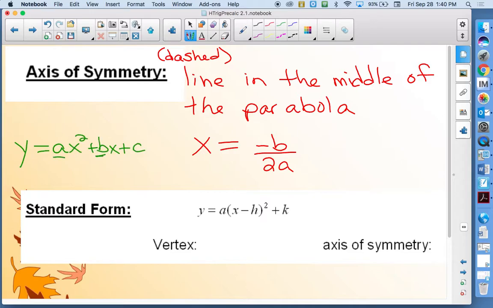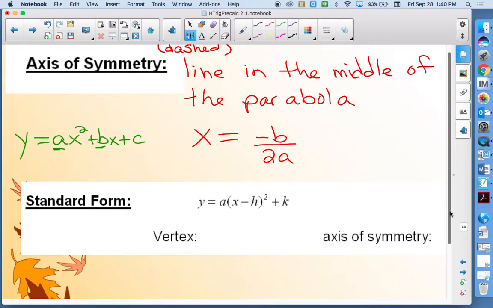Because the a and the b are in the problem. And we just took those numbers, we put them into the formula, and then that told us where that line was going down the middle of the graph. And that was pretty much the line of symmetry, the halfway point. The left and the right are the same distance from the line of symmetry. Look semi-familiar?